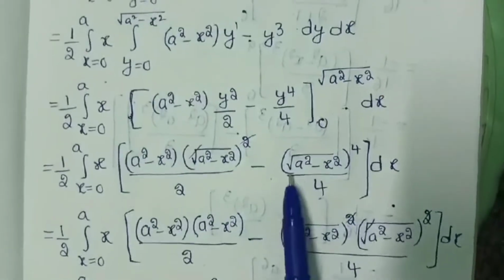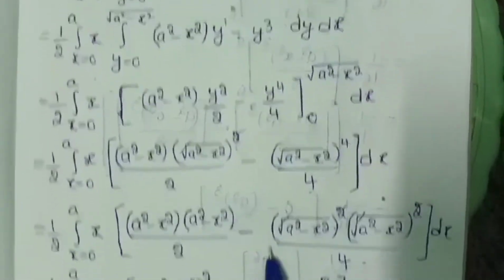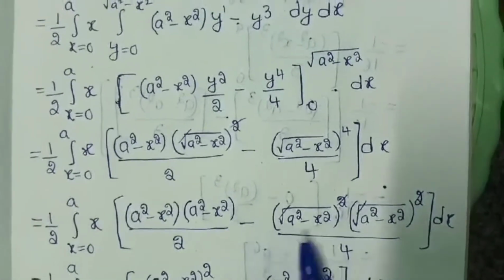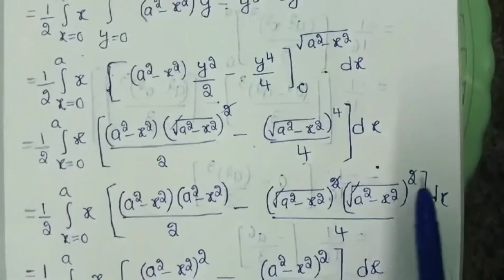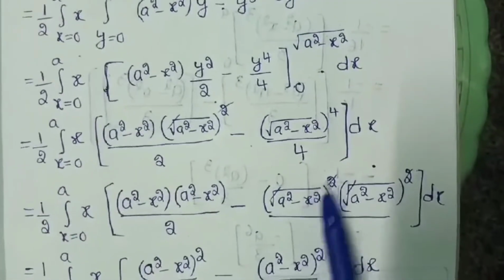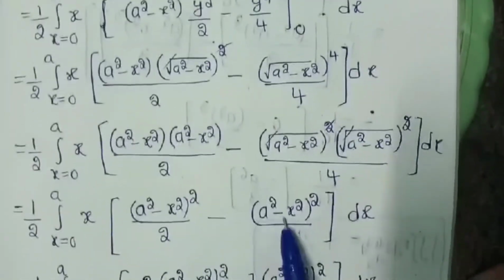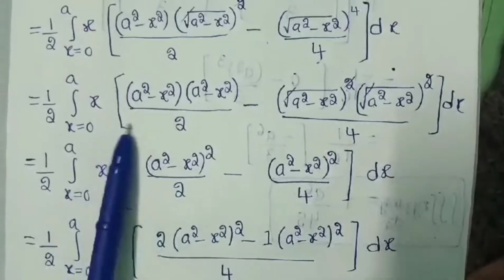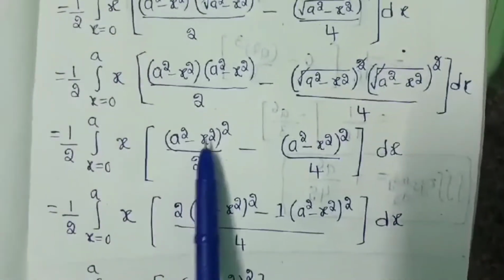Next root of a square minus x square whole power 4 can be written as root of a square minus x square whole square into root of a square minus x square whole square. Here square and root are cancelled. Next a square minus x square into a square minus x square is a square minus x square whole square. Here also a square minus x square into a square minus x square is a square minus x square whole square.